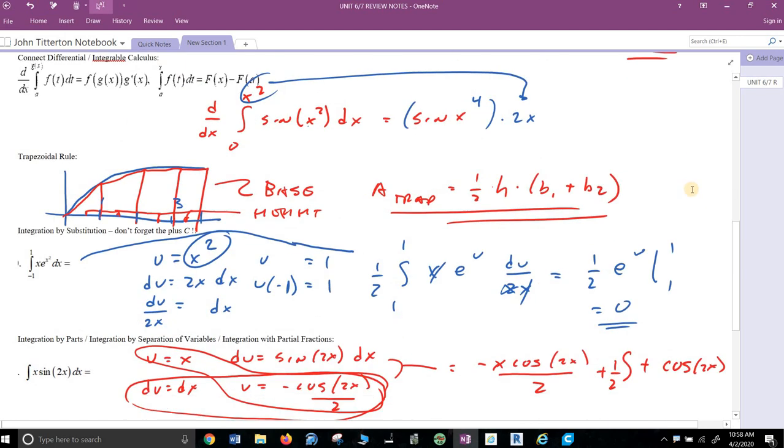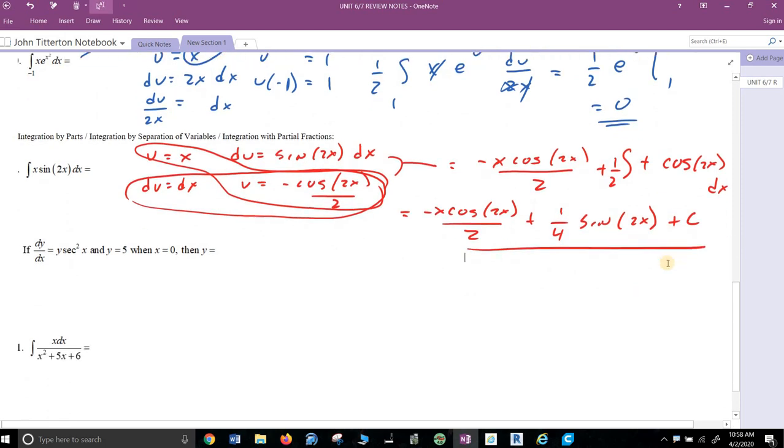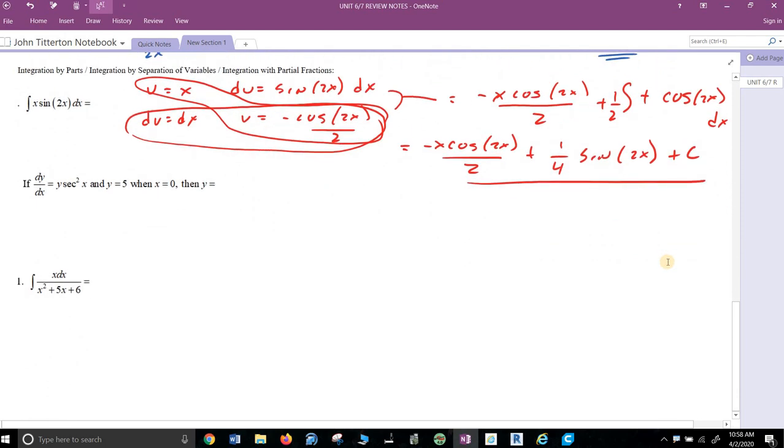Oops, ran off screen there. Which is negative x cosine of 2x over 2 plus integral of cosine of 2x is sine of 2x over 2, 1/4 sine of 2x plus c. Again, I'm going very quickly. You're going to have to check that out.